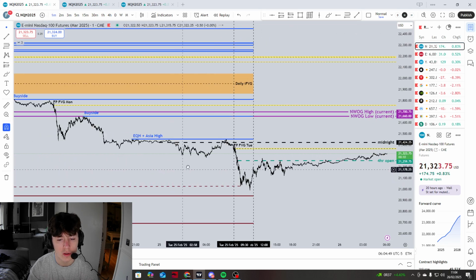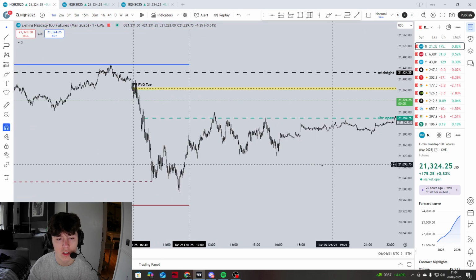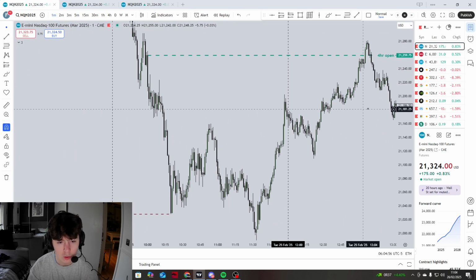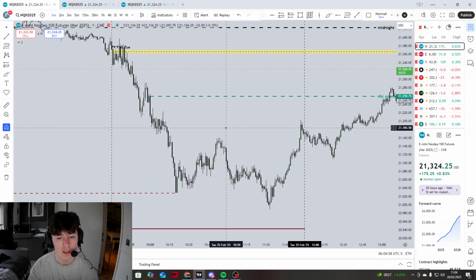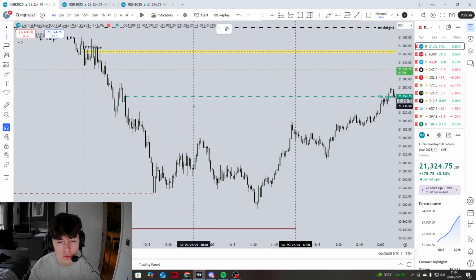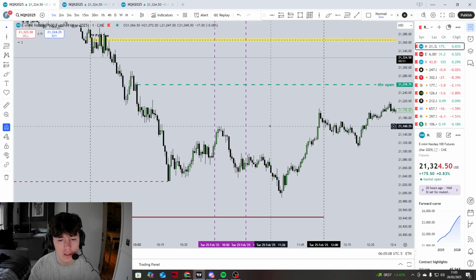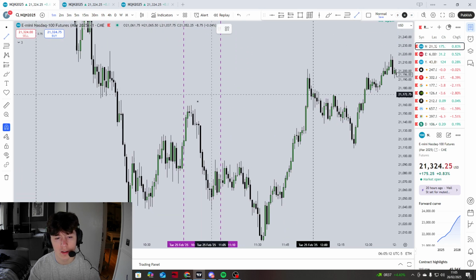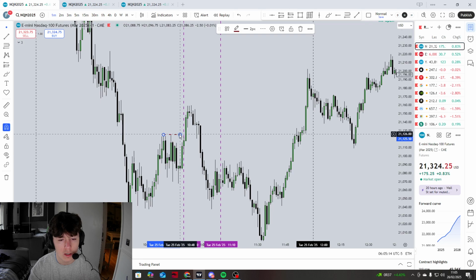But anyway, at market open, we literally just go down. So obviously, with what ICT has taught, I'm looking at the lunch macro, which is right here. So I'm looking to trade in this area.